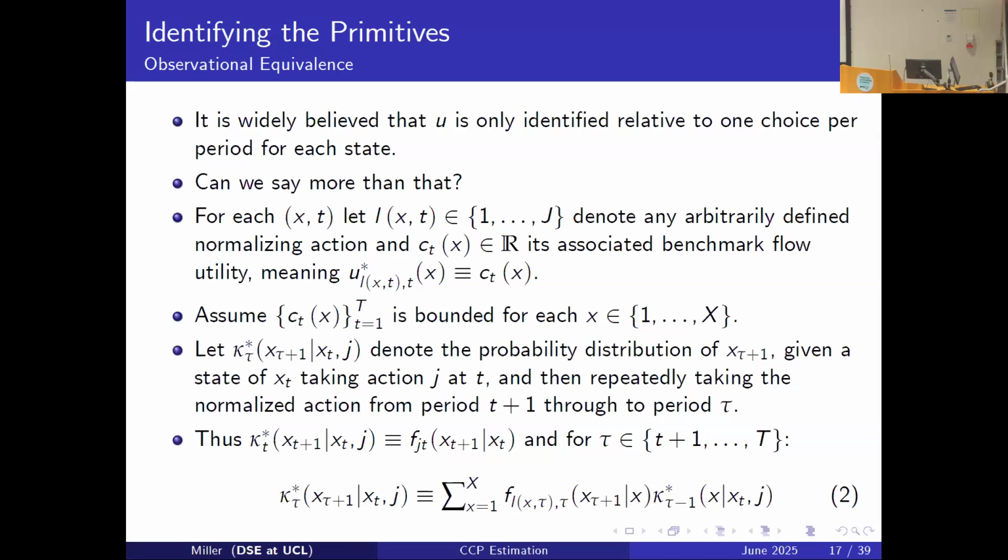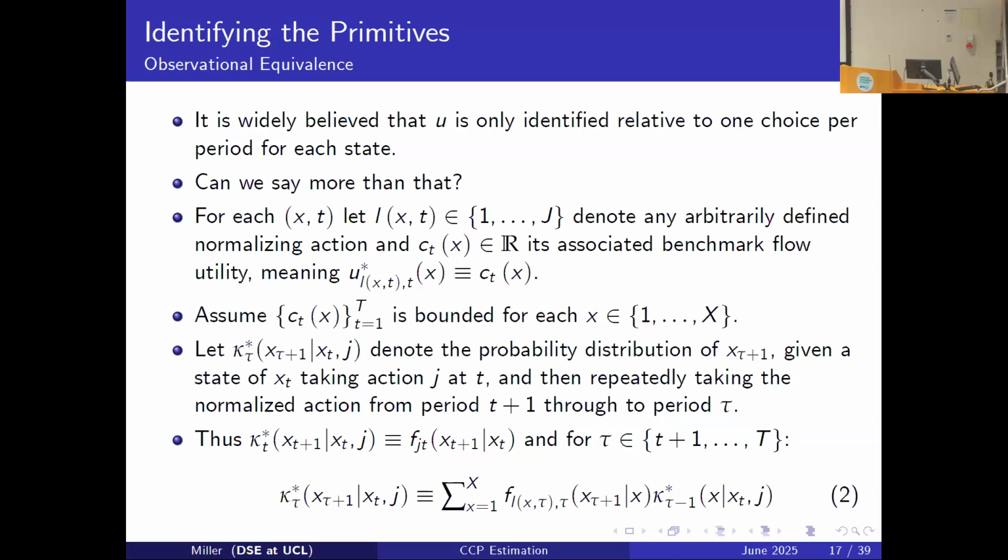First point is widely believed, and I would say probably true, that U is only identified relative to one choice per period for each state. Can we say more than that?